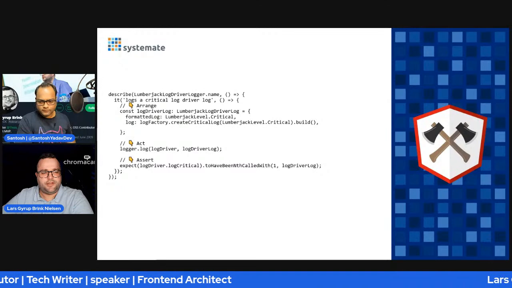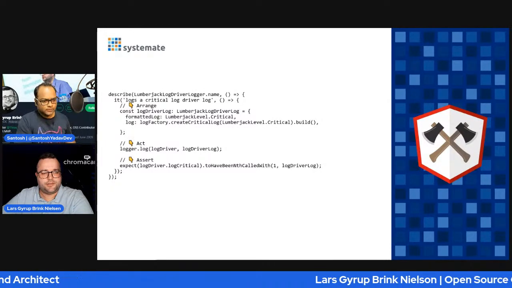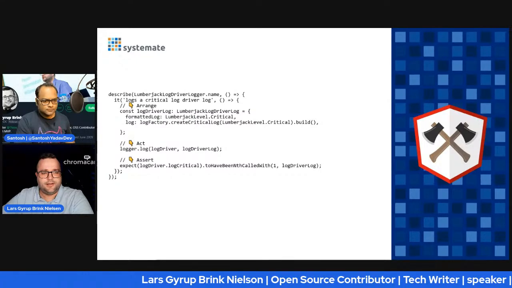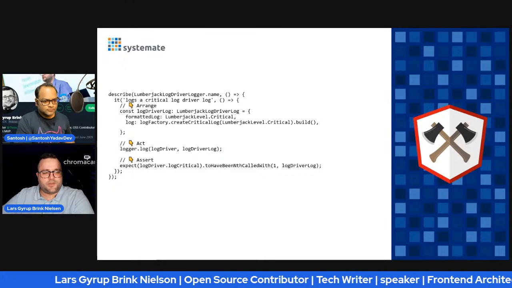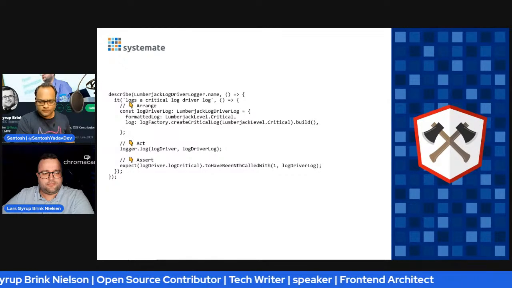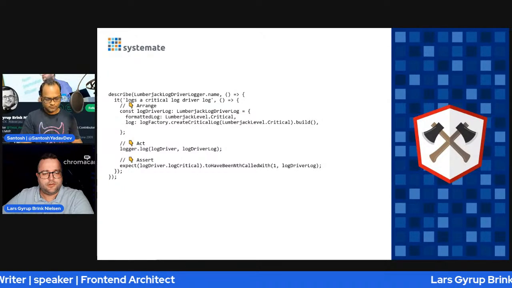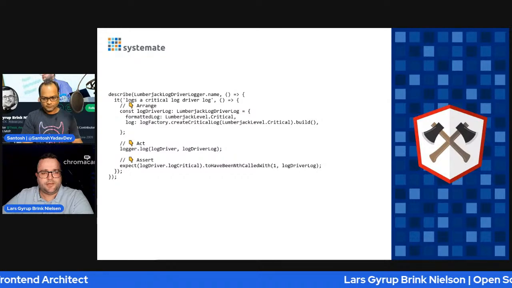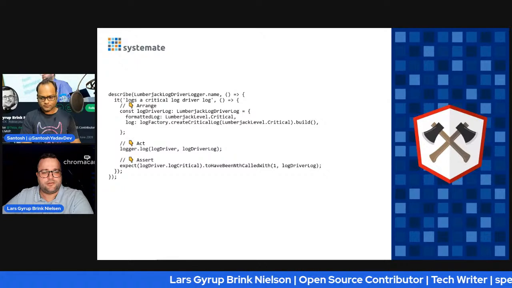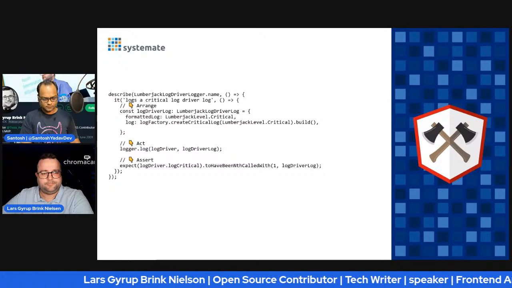And then in the third phase, which is assert, we run assertions and expectations. Here we are checking that the log driver has a method called logCritical that was called when we called logger.log. It was called to produce a side effect, and it was called with the parameters that we expected it to pass on to that log driver.